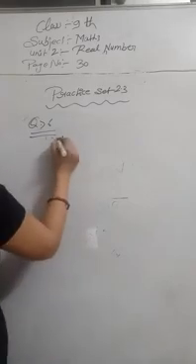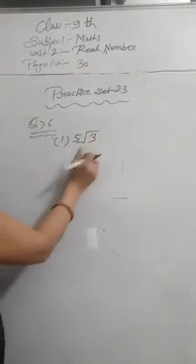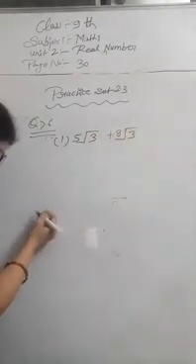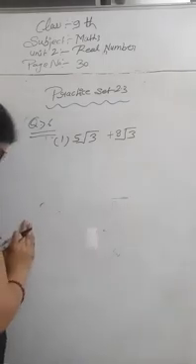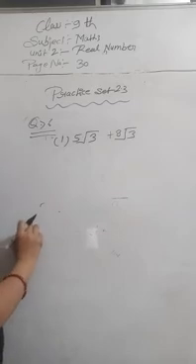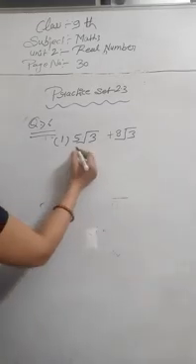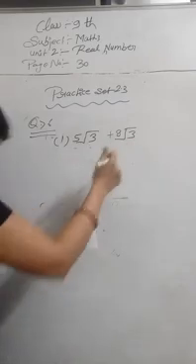simplify. First one we will do 5 root 3 plus 8 root 3. Okay, so we have to simplify these numbers. So 5 root 3 plus 8 root 3 is here.